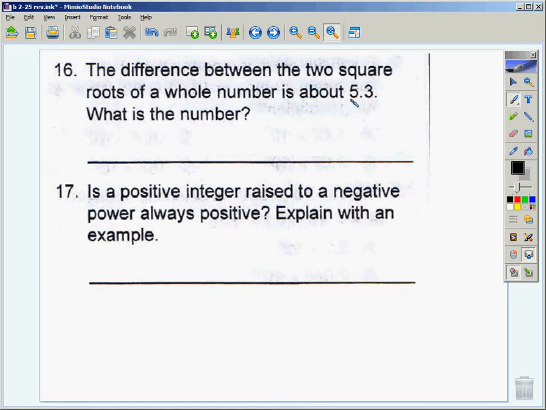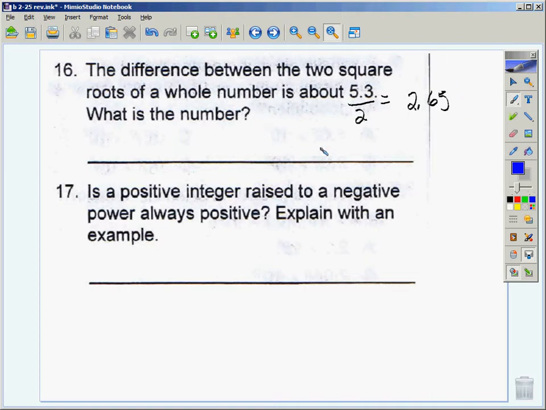So the difference between these two is twice the distance to 0, because half of it's on the positive side and half of it's on the negative side. So I'm going to take 5.3 and divide it by 2. 2.65. And they're asking what whole number that I take a square root of would give me this as an approximate value.